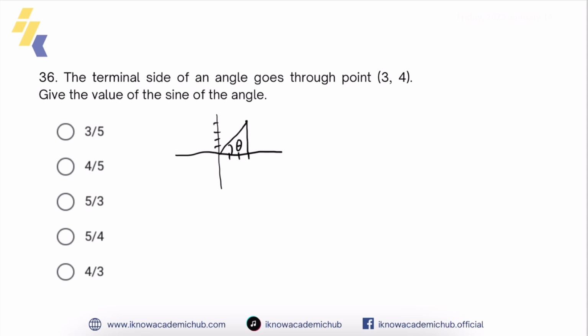So we have here as the opposite, that is 4, and as the adjacent, that is 3. Notice that it forms a Pythagorean triple, 3, 4, and 5, 5 being the hypotenuse. So this is 5. And we know that sine theta is opposite over hypotenuse. Opposite is 4, while hypotenuse is 5. So the value of sine theta is 4/5.